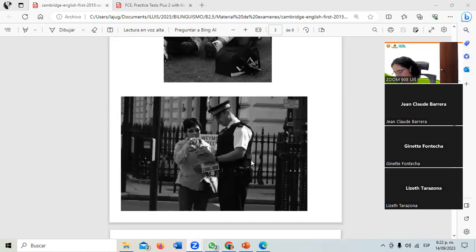For example, you can talk with them and provide them a number of a policeman or a police officer, and they can help them.